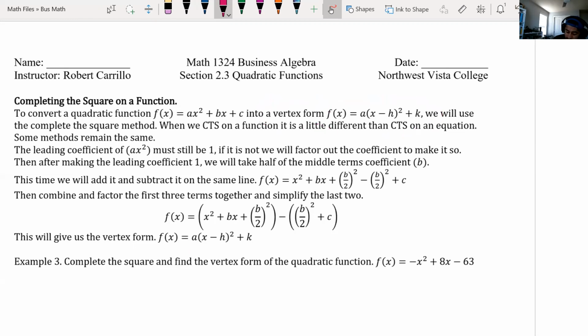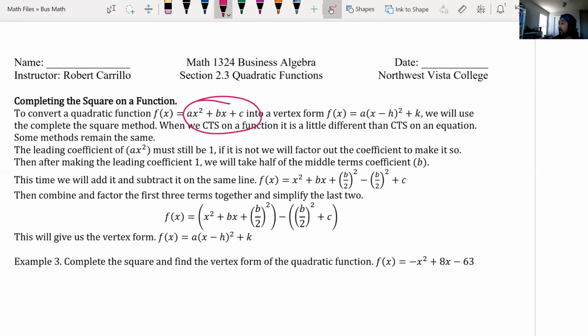Okay. So again, the methods are still the same. The leading coefficient must be 1. If it's not 1, then we must factor out whatever number there is to make it 1. And then once you do that, you can complete the square. But instead of adding it to both sides, we're going to have to add and subtract the number on the same line. Because when you deal with a function, there's only one side.